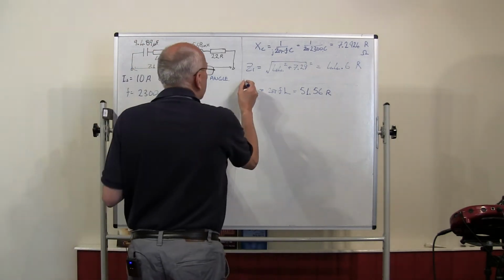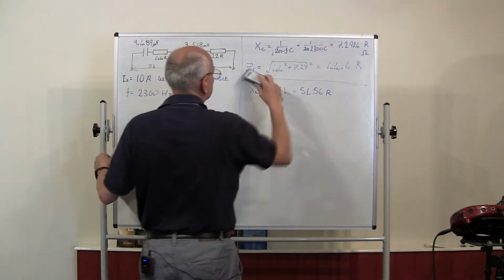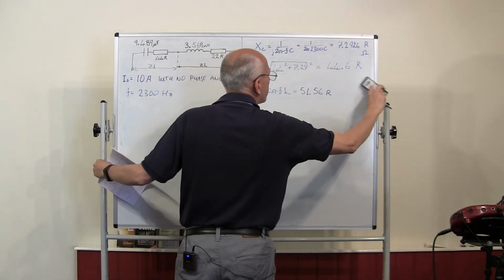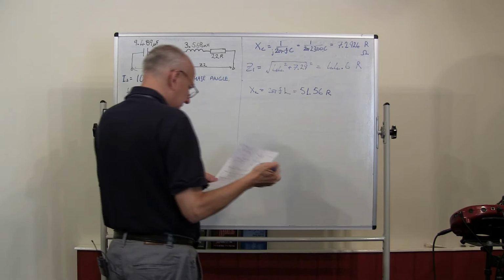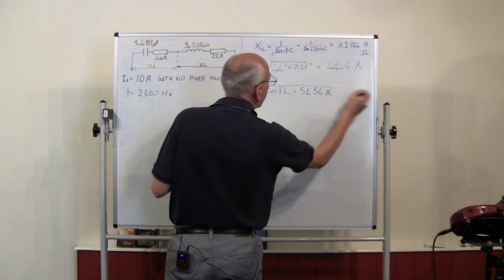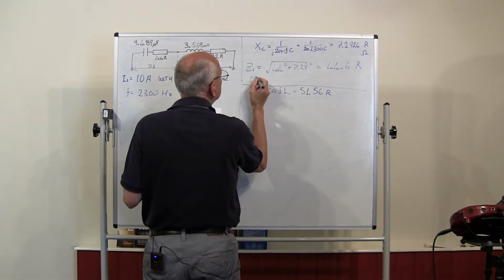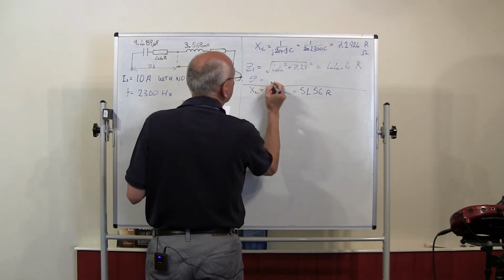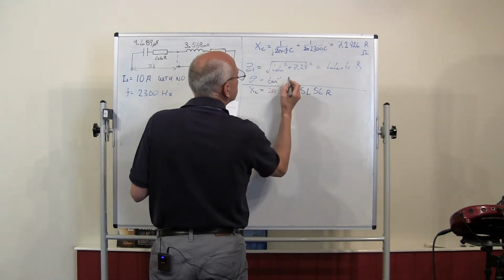I'm just going to squeeze in here because I didn't put in the phase angle, which will come in later. The phase angle is found from the inverse of tan minus 1 of these two.